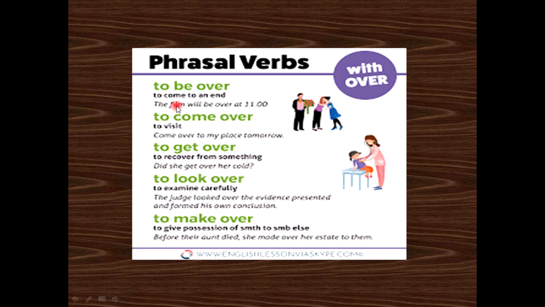It means the film will be over at 11 a.m. or p.m. Over here the word over shows the action of coming to an end. To come over is to visit, to get over is to recover from something, to look over is to examine carefully, to make over is to give possession of something.